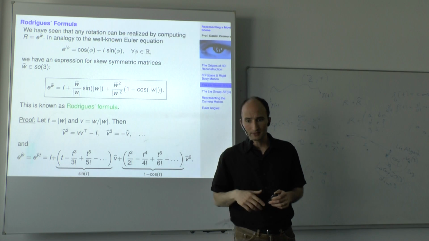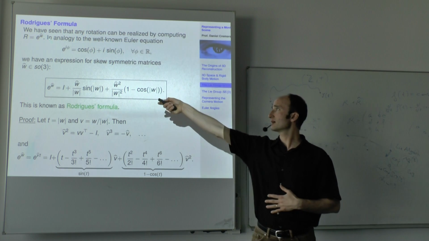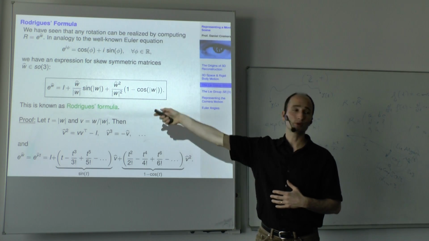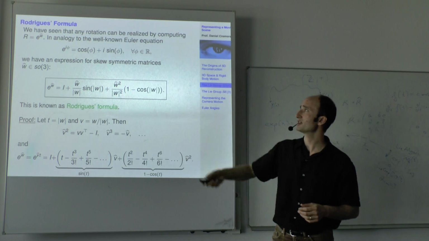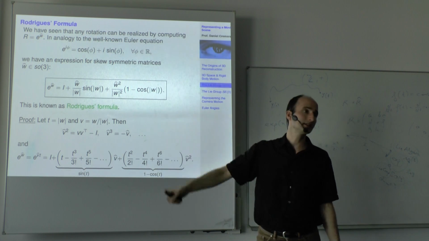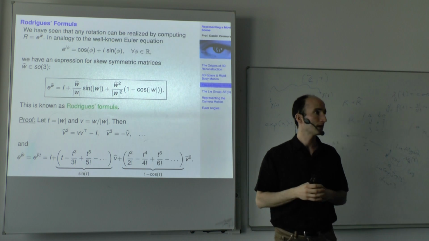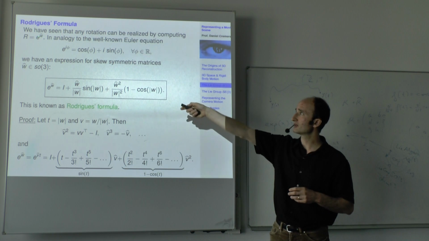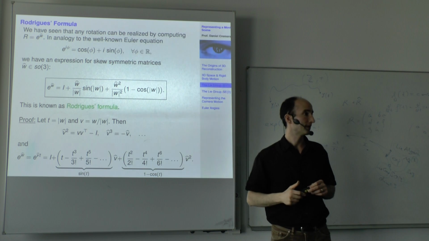We saw that you can realize the rotation by taking a skew-symmetric matrix W hat and exponentiating it, and I can represent any rotation in this fashion. So that's good. That means if I want to estimate rotation matrices, it suffices to estimate some skew-symmetric matrix. For any rotation, there is a skew-symmetric matrix that models it.